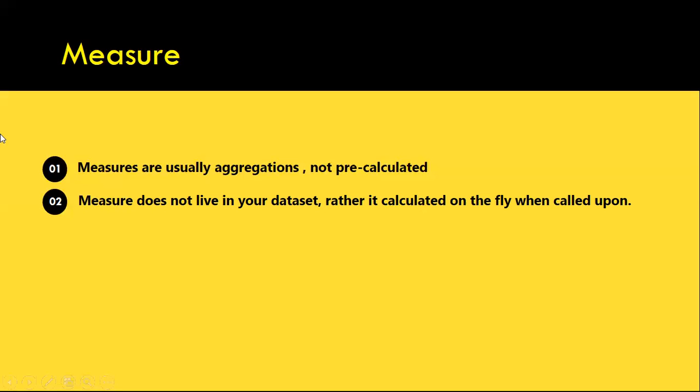For example, let me write it here. I have a measure by the name of total sales. On the right side in the measure, I have used the function SUM of the sales column from the sales fact table.